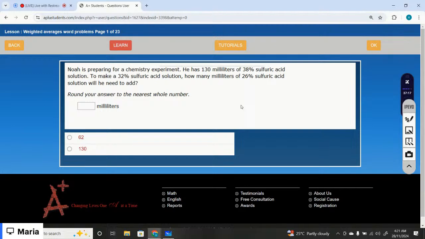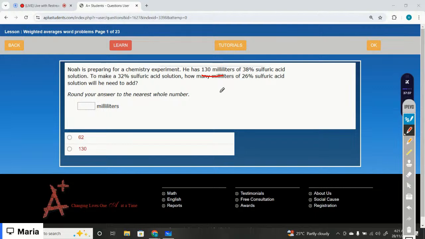So Noah is preparing for a chemistry experiment. You are given the 38% sulfuric acid, right? The amount of 38% sulfuric acid is 130 milliliters.